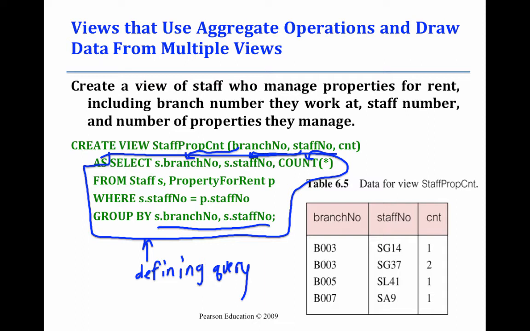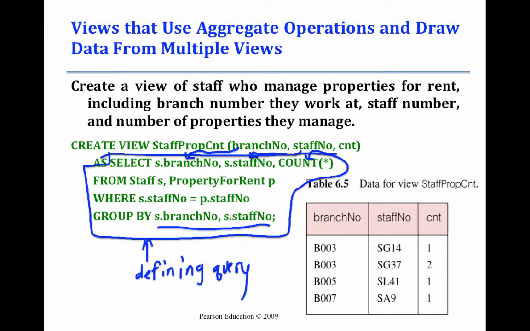Bingo. So notice in the select clause, the first attribute is branch number. If it was not in the group by clause, it could not be in the select clause, because if you have aggregate functions in a select clause, you cannot put other attributes into the select clause unless they appear in a group by clause.